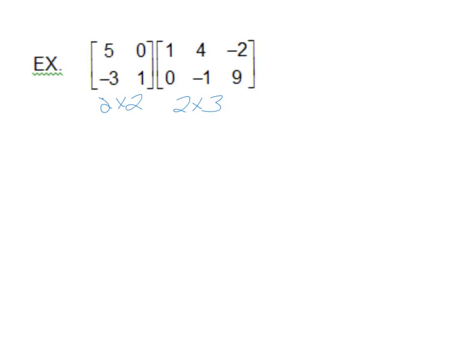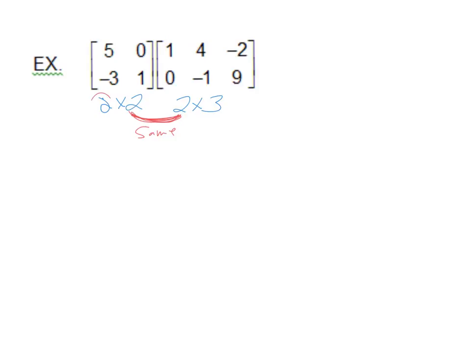The way you can tell if they can be multiplied is that the 2 inside numbers, when you've written down the dimensions, must be the same. If they're not, you can't multiply them. So the number of columns in the first matrix has to be the same as the number of rows in the second matrix.